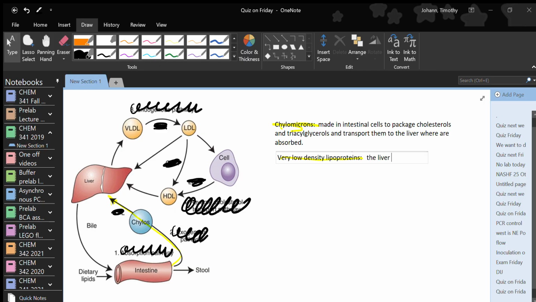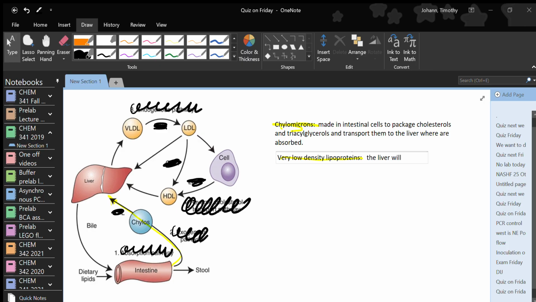Wouldn't it be like high density though? No, so protein is more dense than fat, than lipids. And so right now we're going to have a lot of triacylglycerols and a lot of cholesterol and not so much protein.